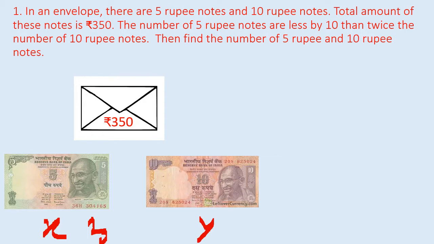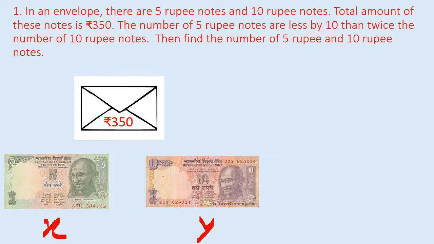So like that, there are many 5 rupee notes in this envelope. We say that let that number be x. We don't know if there are 5 notes, 10 notes, 15 notes. So we say there are x notes of 5 rupees and y notes of 10 rupees.